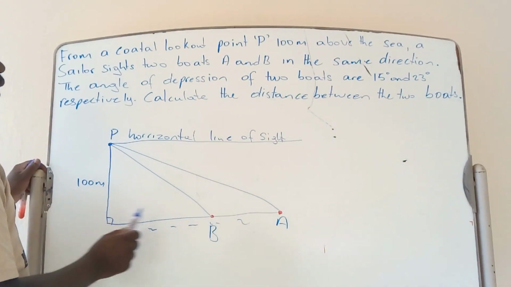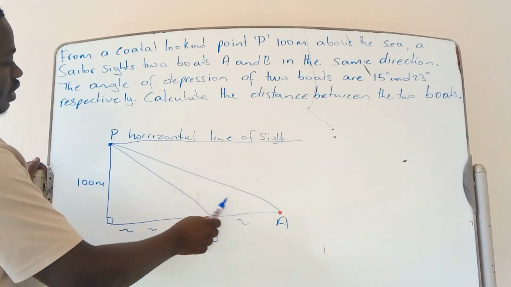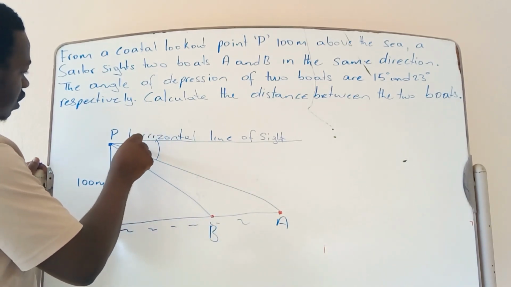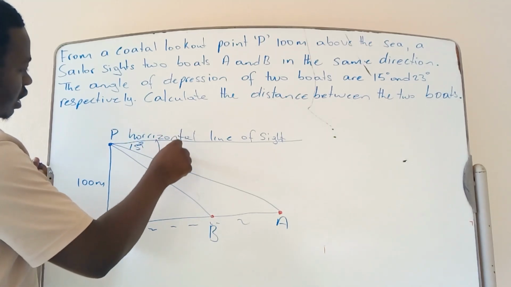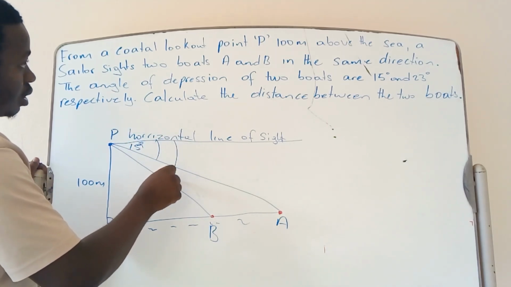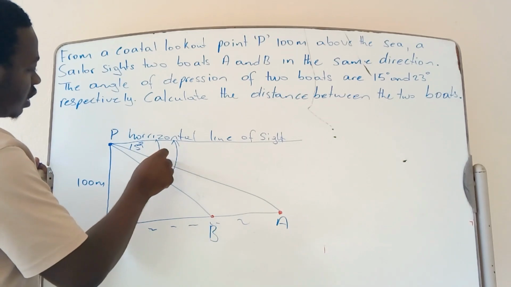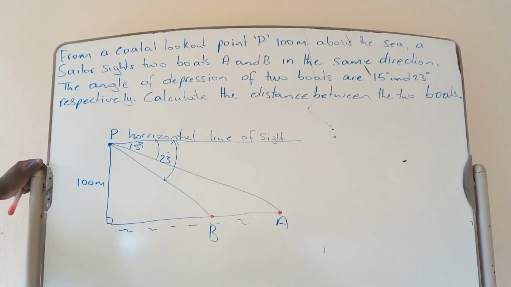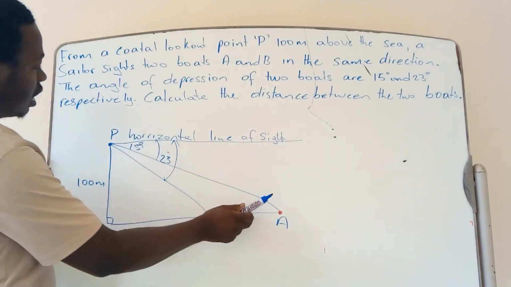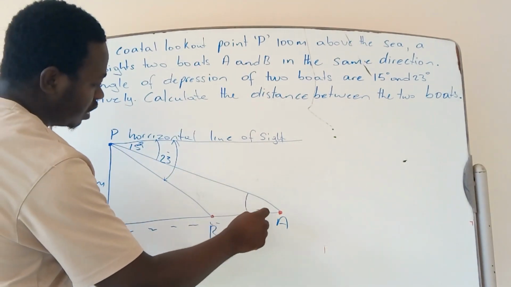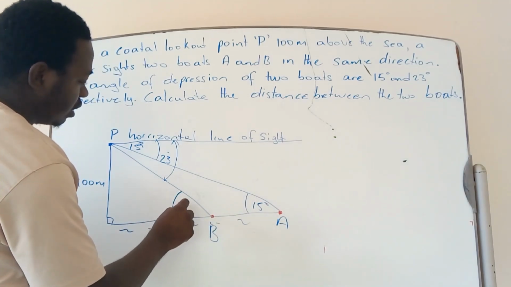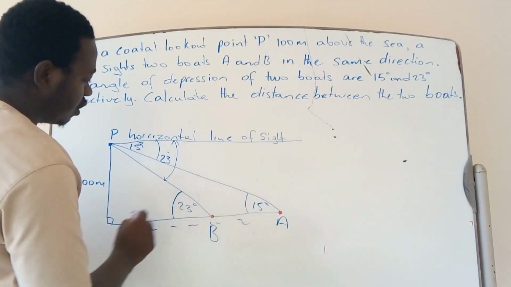We know that one of the boats is 15 degrees, so this is 15 degrees. This has to be the 23 degrees, right? We also know that angle of depression is equal to angle of elevation. So this is 15 degrees, and this is 23 degrees.